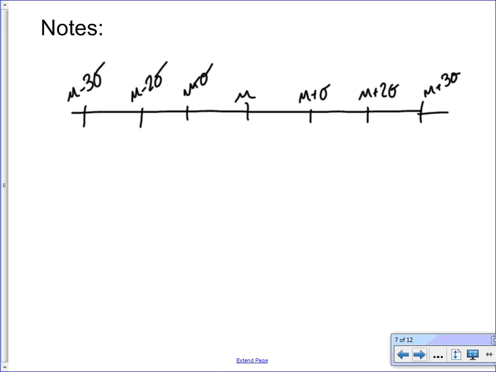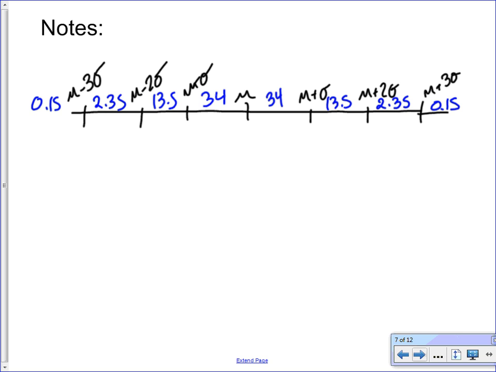Then what I like to do is I always drop in my percents. So that second graph that you saw, you're responsible for knowing those numbers: 34, 13.5, 2.35, 0.15. You've got to know those 4 numbers. They'll repeat on the other side because it's symmetric: 34, 13.5, 2.35, 0.15.